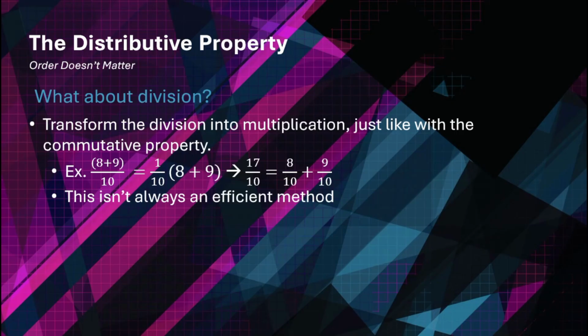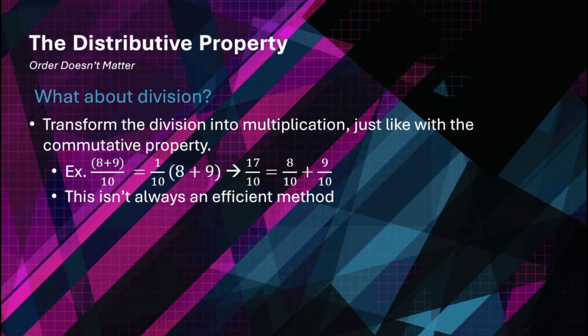Again, you're probably wondering, what about division? You can transform division into multiplication just like we did with the commutative property. In this particular example, we've got 8 plus 9 in parentheses. Think of it as its own number.